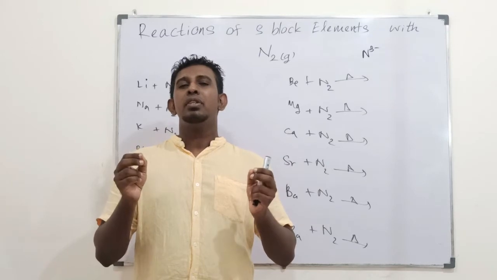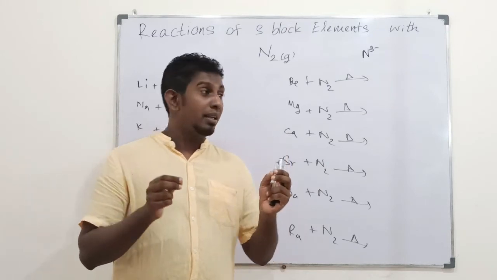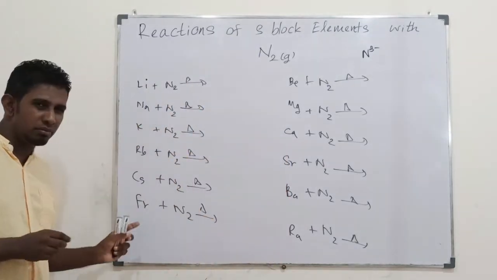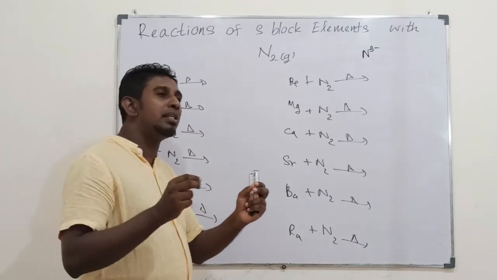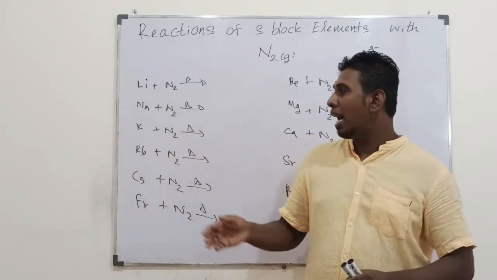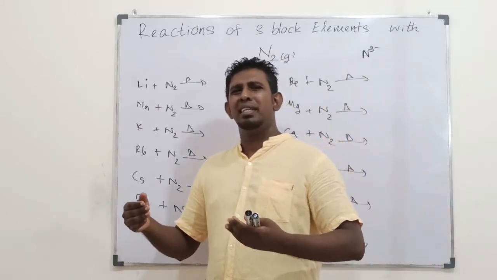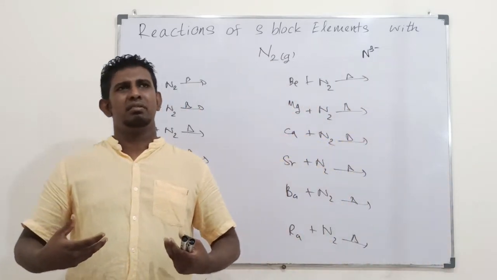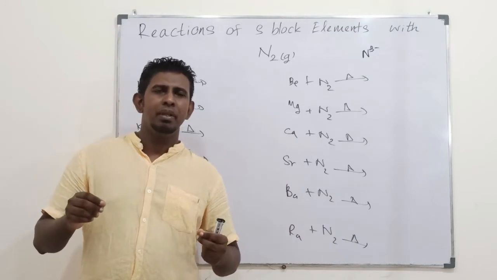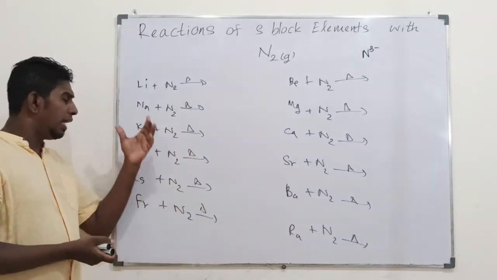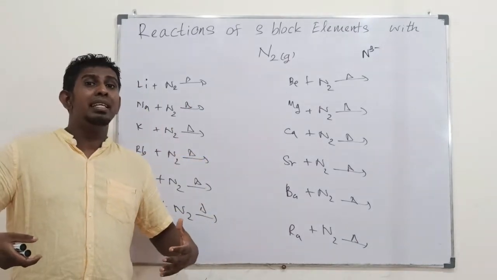The cations that all the first group elements form are unipositive. So the charge is not enough. Anyway, down the group, the radius would increase.